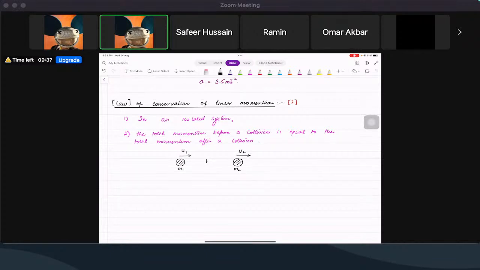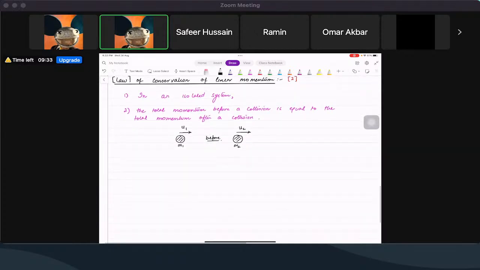This is happening before they collide, and after they collide, m1 is now going at a different velocity v1, and m2 after collision is going at a different velocity v2.